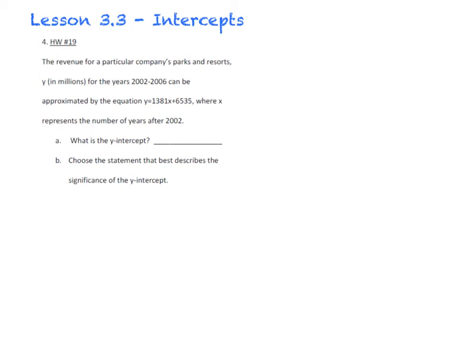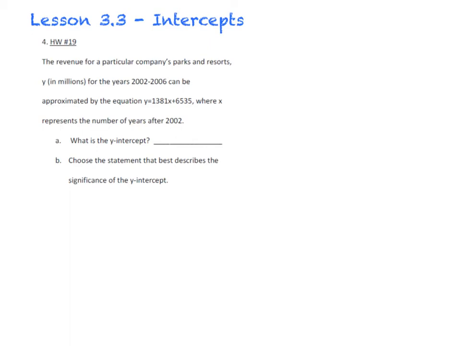The revenue for a particular company's parks and resorts, Y, in millions for the years 2002 through 2006 can be approximated by that equation. Now, X represents the number of years after 2002, so that's important. Two things that are important right here. What does Y mean and what does X mean? In word problems, it's important to know what these things mean.